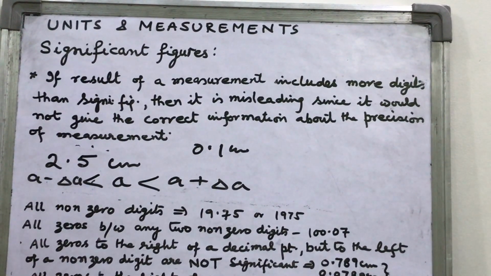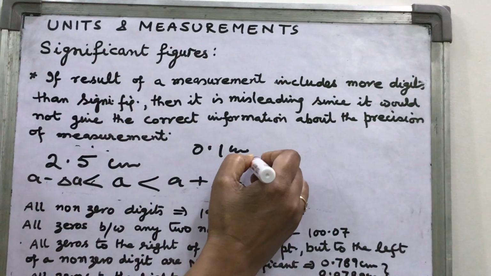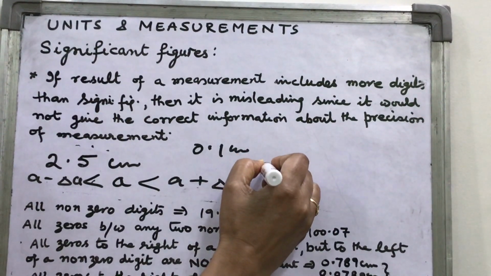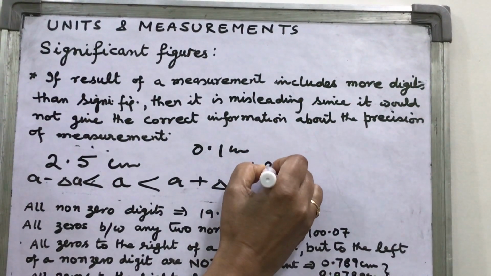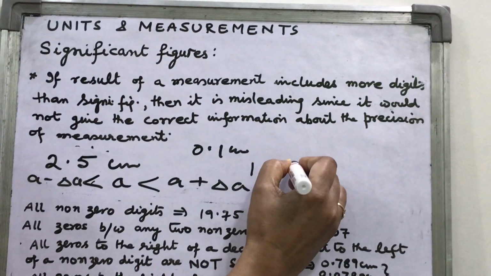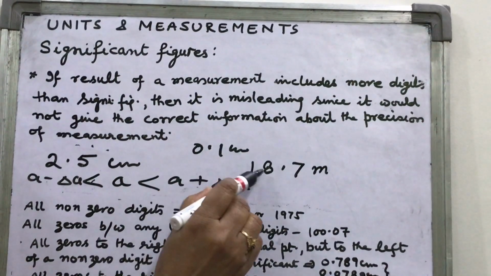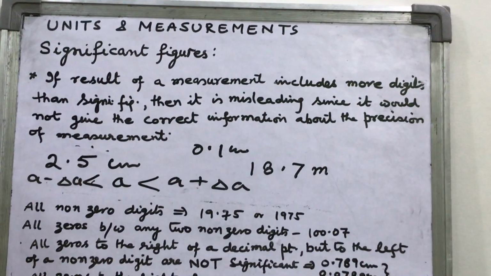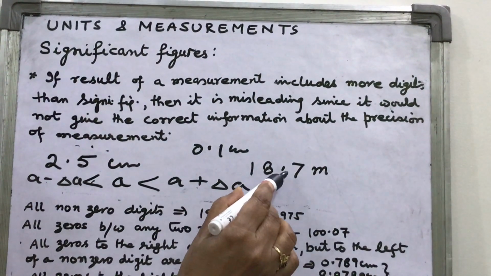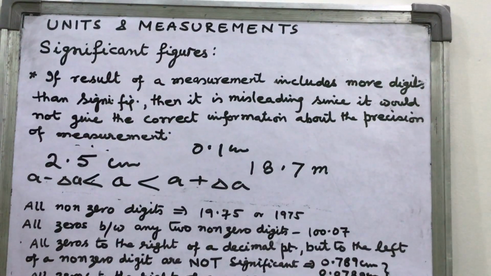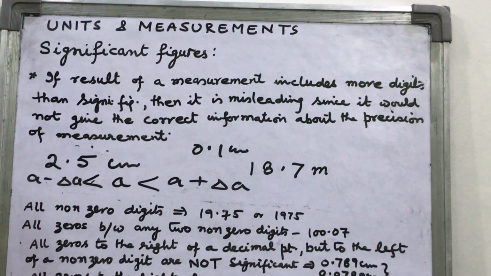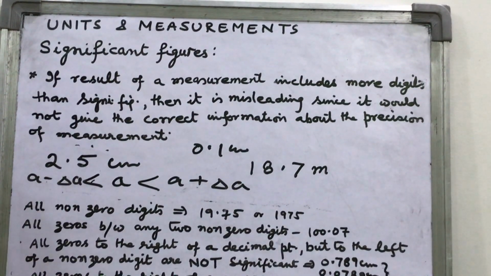Take another example that the length of a wall is 188.7 meter. Then 1 and 8 are reliably known, 18 meter, and the third one, 7, is the uncertain digit. So it has 3 significant figures. Here it has 2 significant figures.